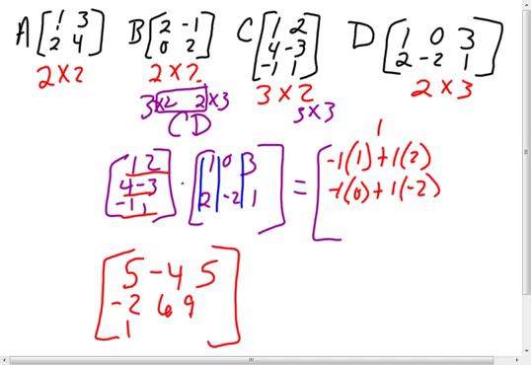So that's 0 minus 2, so negative 2, that goes here. And then the last one would be negative 1 times 3 plus 1 times 1. So that would be negative 3 plus 1, that would be negative 2. So the matrix in red is our answer: 5, negative 4, 5, negative 2, 6, 9, 1, negative 2, negative 2.